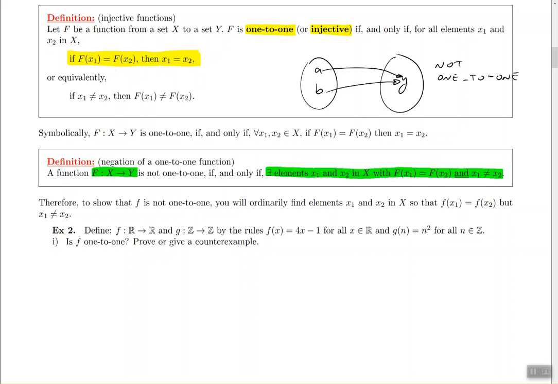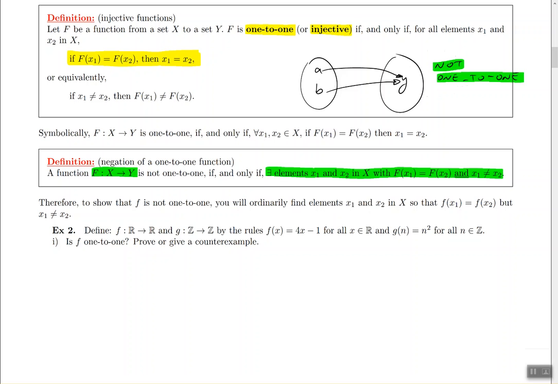The rule is, if you want to be one-to-one, every single y should have one arrow pointing to it. And if it has two arrows pointing to it, the numbers on the other side better be identical. In this case, a and b are not identical, so this example is a function that is not one-to-one. It's a little bit confusing, but take some time to absorb this definition. We need to know what the definition is.